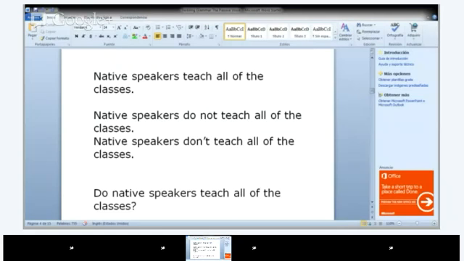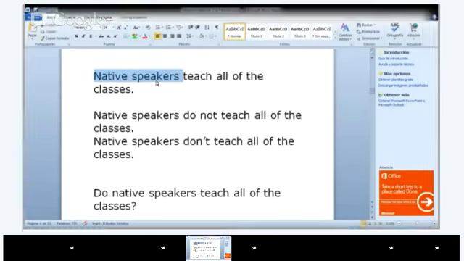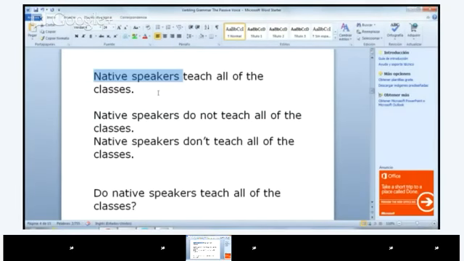Can you put in some ideas about how these statements can be expressed in the passive voice? What we're going to do is change from the original subject, and we're going to focus on the classes.